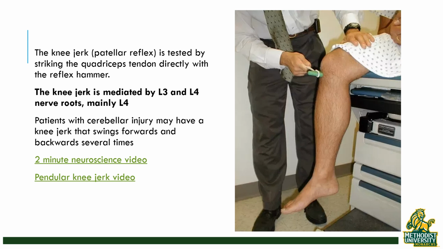There's something called a pendular knee jerk that can be a result of cerebellar injury, and there's a video here. There's also a 2-minute neuroscience video that you can watch that talks about the patellar reflex arc and the sensory and motor and interneurons that are involved.